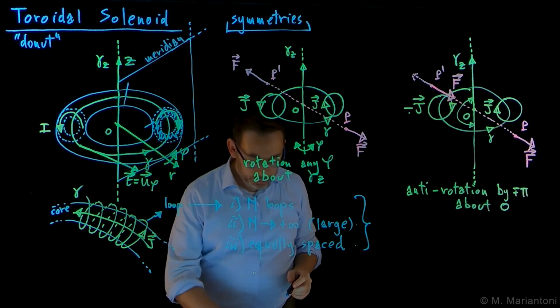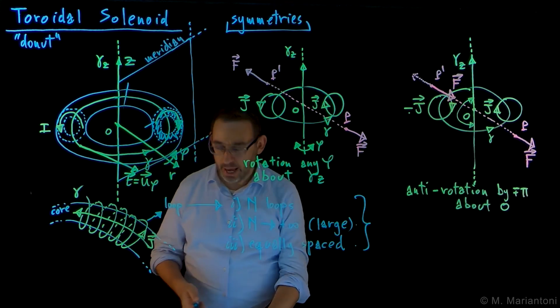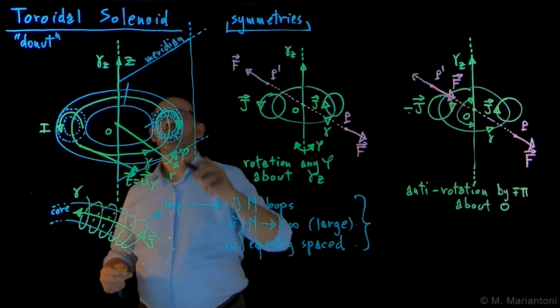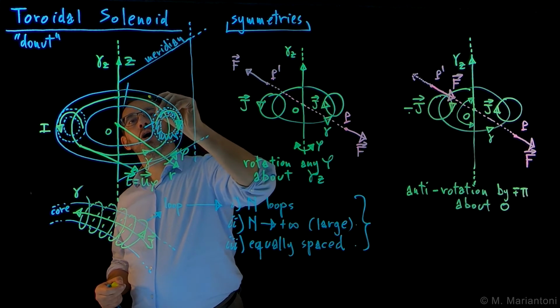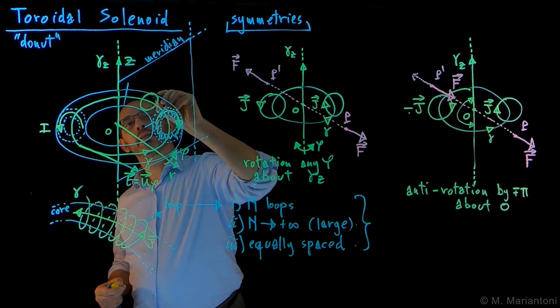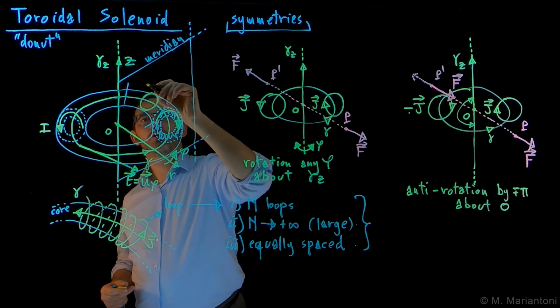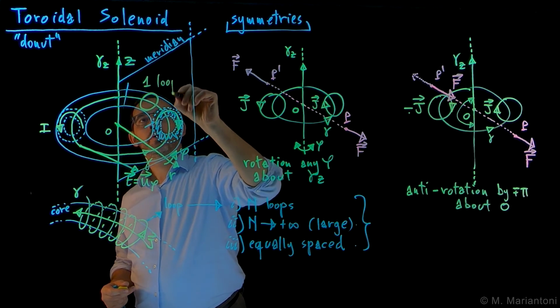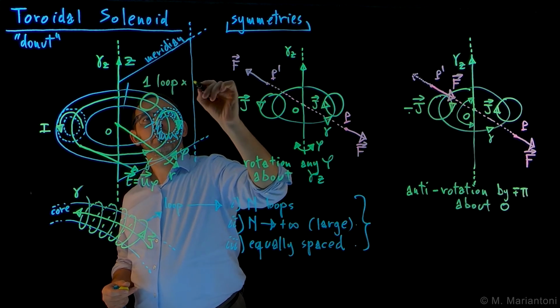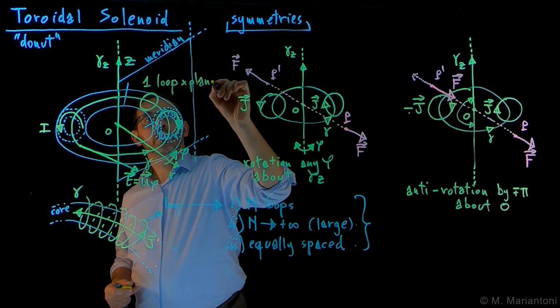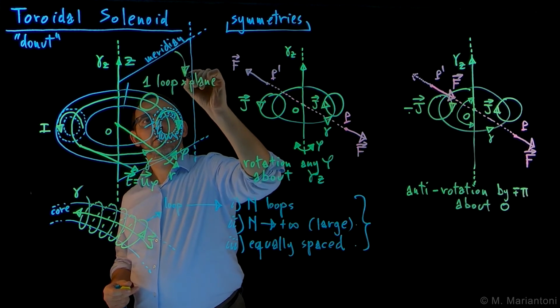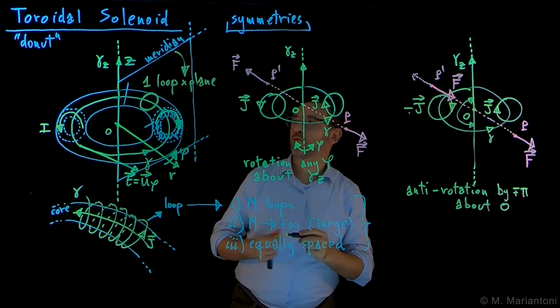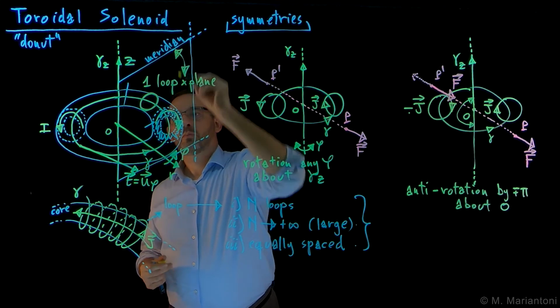If I do this, it simply means that I will have basically just one loop per meridian plane. This is what we are trying to do here. So that's the way you do it.